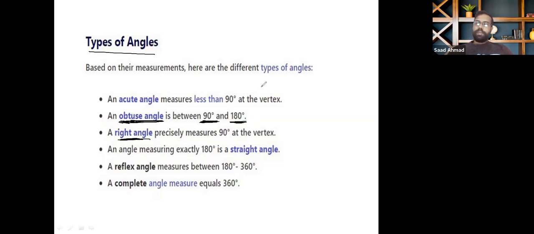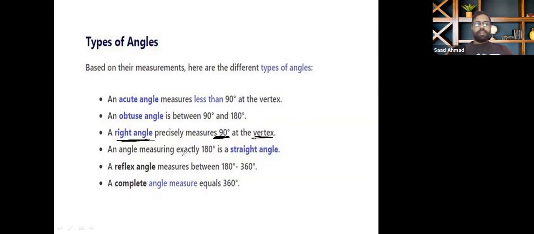Next one is the right angle. If the angle measures precisely 90 degrees at the vertex, then it's a right angle.